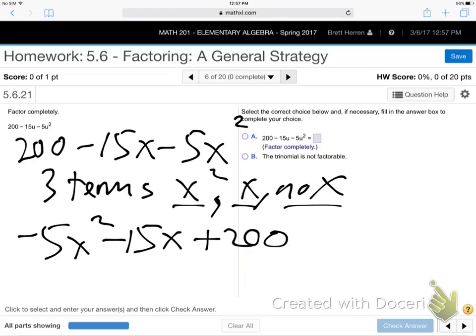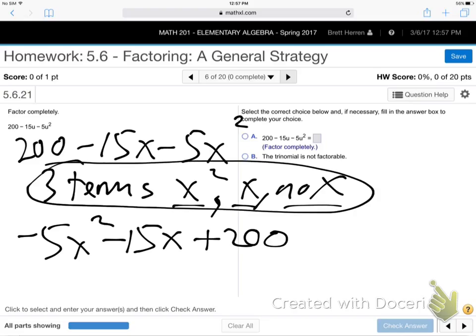And then take out what's in common. So everybody remember, three termers must be put in order: x squared, x, no x. So I reordered them. Now take out what's in common. What do they all have in common? Good, minus 5, right? Everybody seeing that?